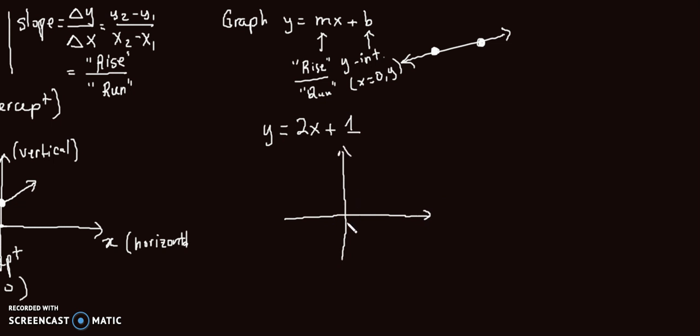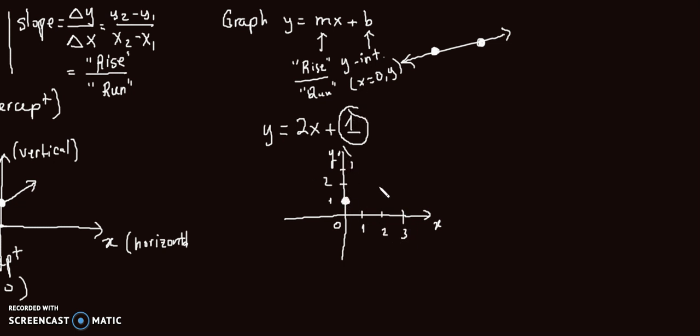I'll have my O x y here, and this is my y-intercept. Let's say this is 1, 2, 3 on each axis. The y-intercept would be 1, so this is my point.